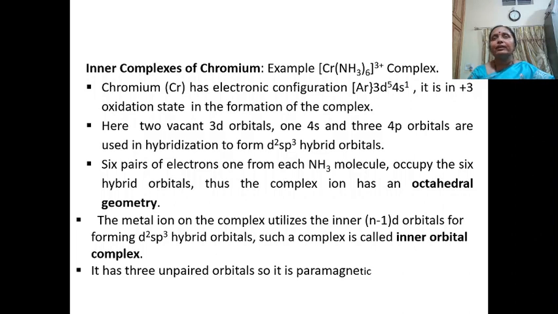The 6 pairs of electrons, one from each ammonia molecule, occupy the hybrid orbitals, and the complex ion formed is going to have an octahedral geometry. The metal ion in this complex is utilizing its inner (n-1)d orbitals, because of which it is forming d2sp3 hybridization, and such a complex is called an inner orbital complex, and because it is having 3 unpaired electrons, it is paramagnetic in nature.